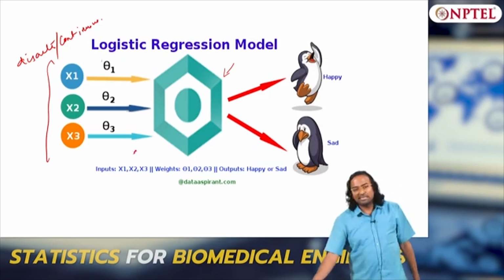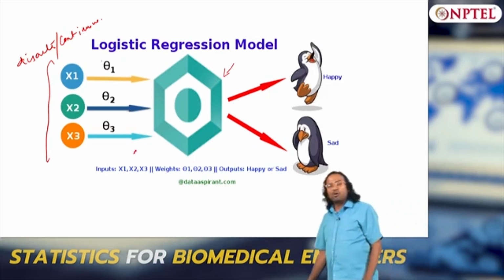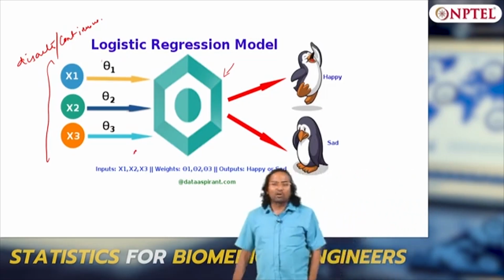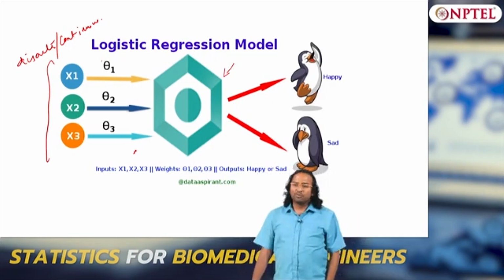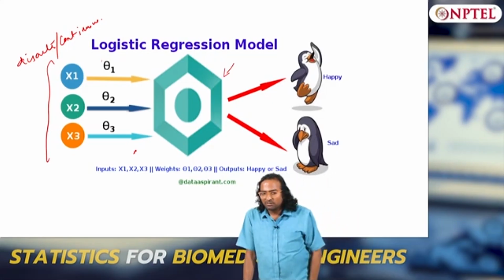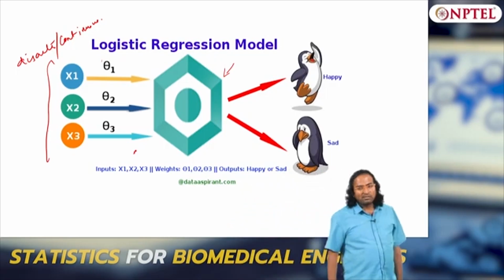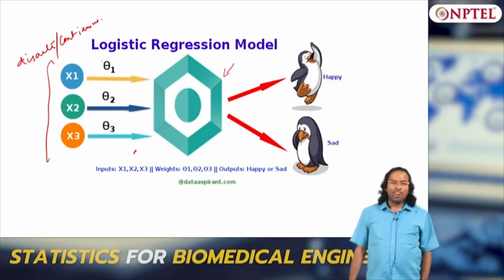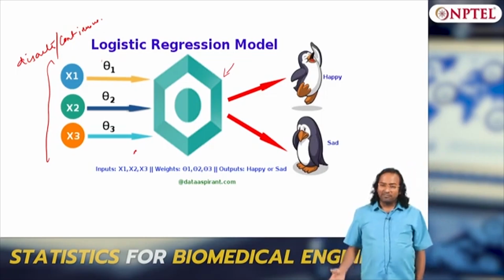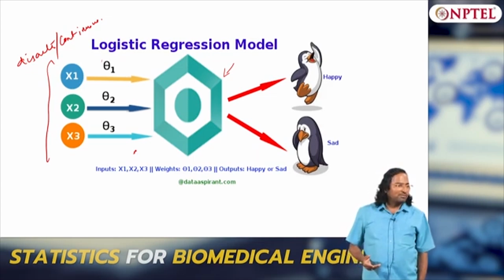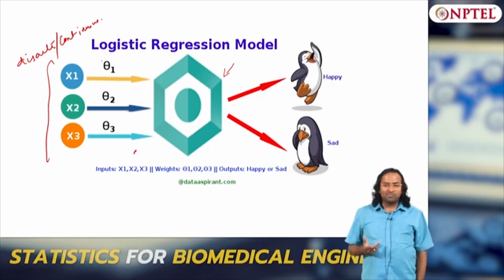So remember, this is exactly like your biological model of a neuron. How do you represent a biological model of a neuron? If you remember the Hodgkin-Huxley models, everybody learned them, what does it do basically? How is a nerve action potential generated?